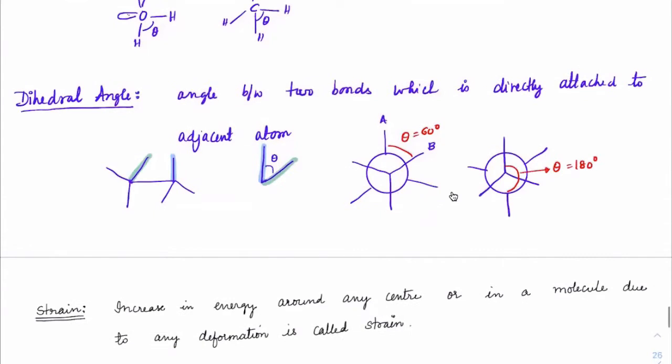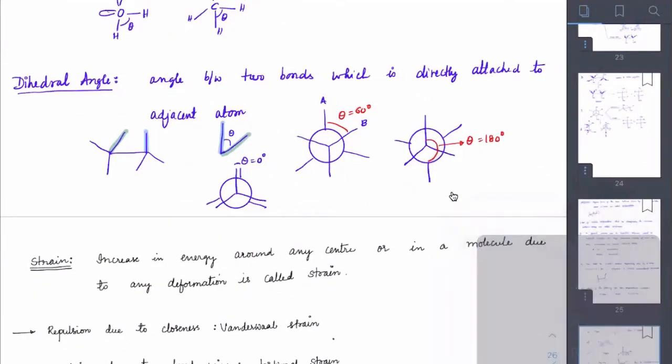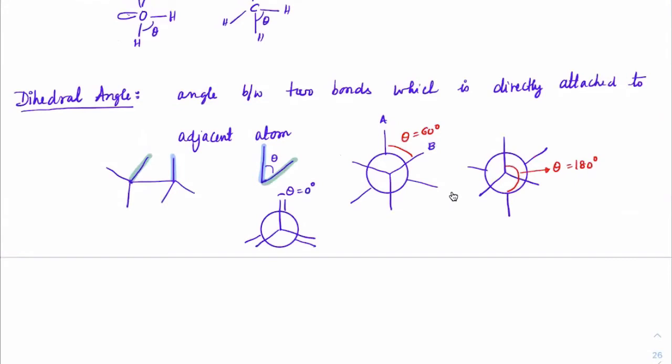Or suppose I take one more form, an eclipsed form like this, then the angle between these two is 0 degrees. So if the dihedral angle is 0 between similar groups, that is an eclipsed form. If it is 60 degrees, then it is a staggered form. I think you understood how we can differentiate that.